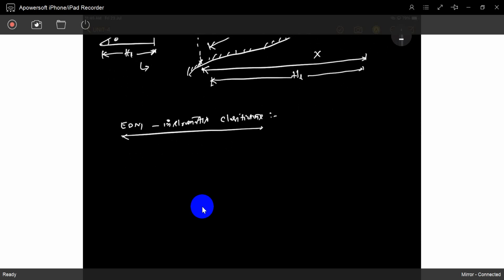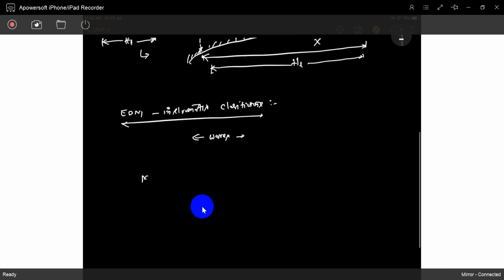The classification is based on the waves which are used. Which types of waves are used? What are the different waves we are using in the EDM instruments? We will use microwaves, visible range, and infrared.